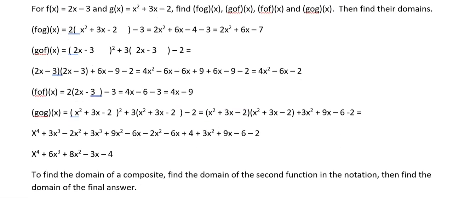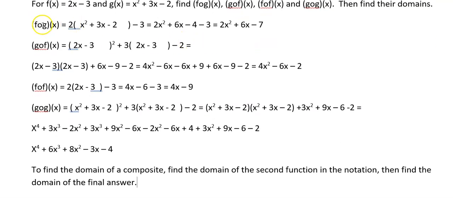All right, so let's look at our first one, f composed with g. G is the second one in the notation. G is a polynomial. And remember, the domains of polynomials were all real numbers. So really, G gives us no restrictions on our domain. It's all real numbers. If we look at our final answer, it too is a polynomial. So our domain remains all real numbers.